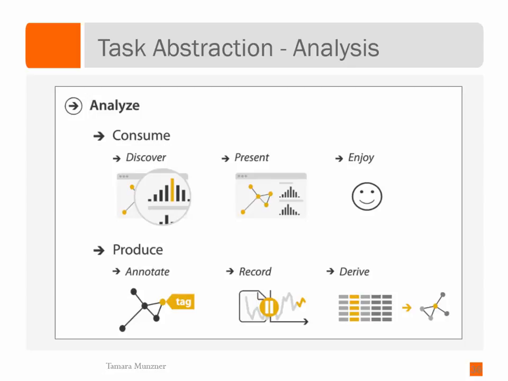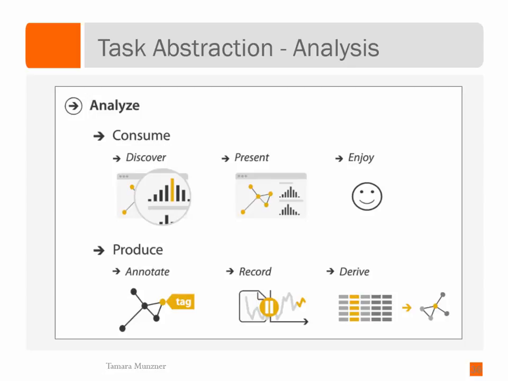We might record. So we might record several views of a data visualization so that it can be easily consumed at a later date. And then finally, we might also derive.